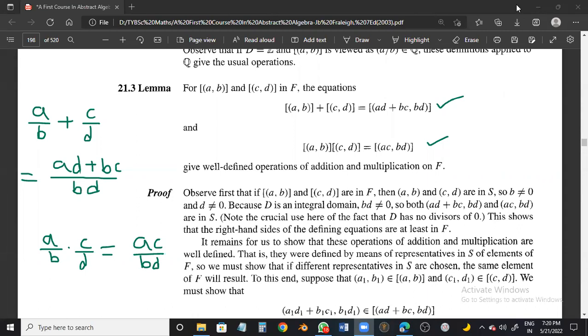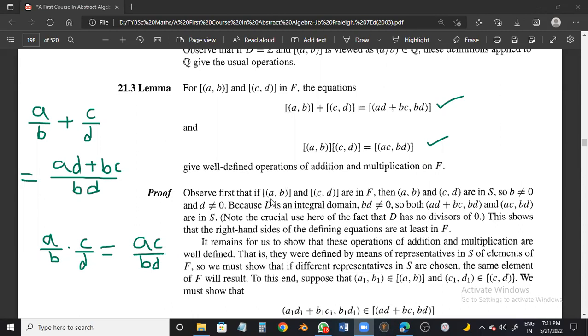All right, I continue. This lemma tells you that if I define these kinds of operations, then these operations are well defined. What is a well defined operation? If I add this way, then the result is actually back in my set. Let us see this one by one.